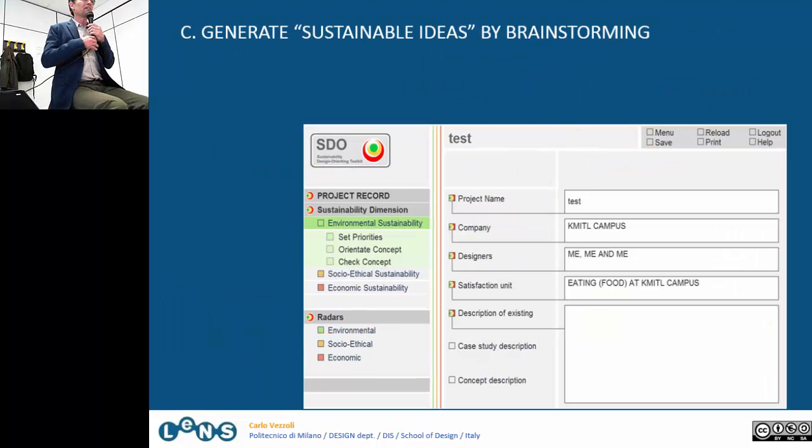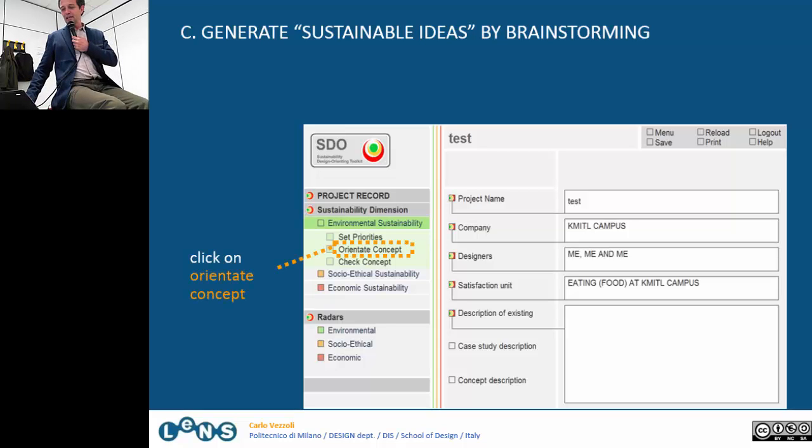And then the key part of the tool is the one in which you can generate ideas. You have made this analysis, you have defined priority, maybe you did even best practice. Okay, so now you have some preliminary, quite useful information to start generating ideas.